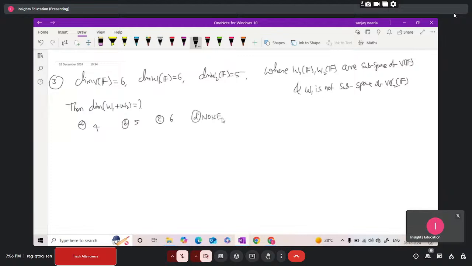Answer please. Six, sir. You identify here. How is it 6? If it is 6, how? What are the boundaries of the dimension of the linear span of W1 and W2?